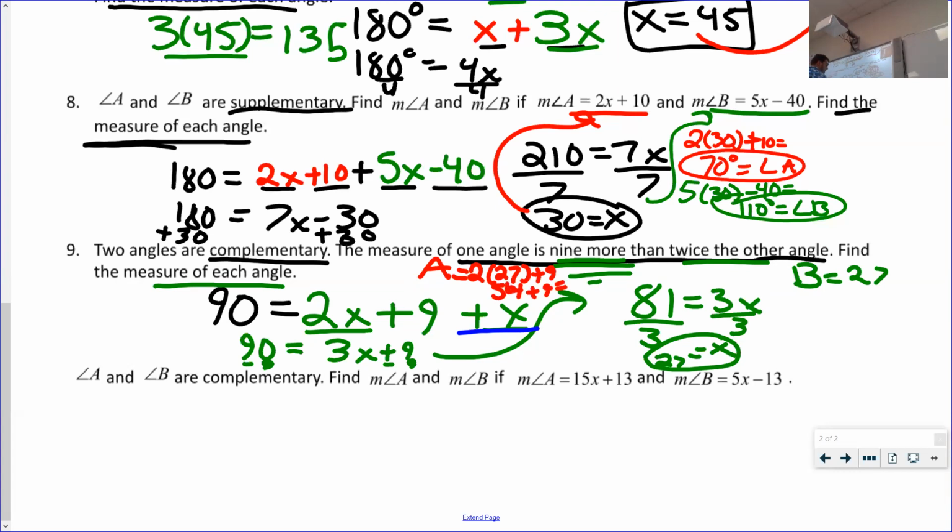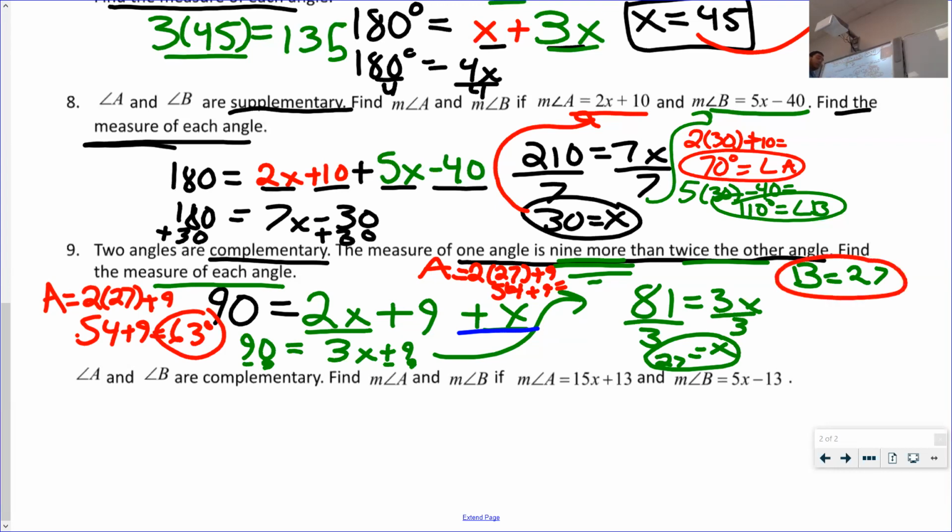Plus 9 equals 63 degrees. Circle that, circle this. And then let's think about it. 27 plus 63 does add up to 90. So it seems like what we said was true.